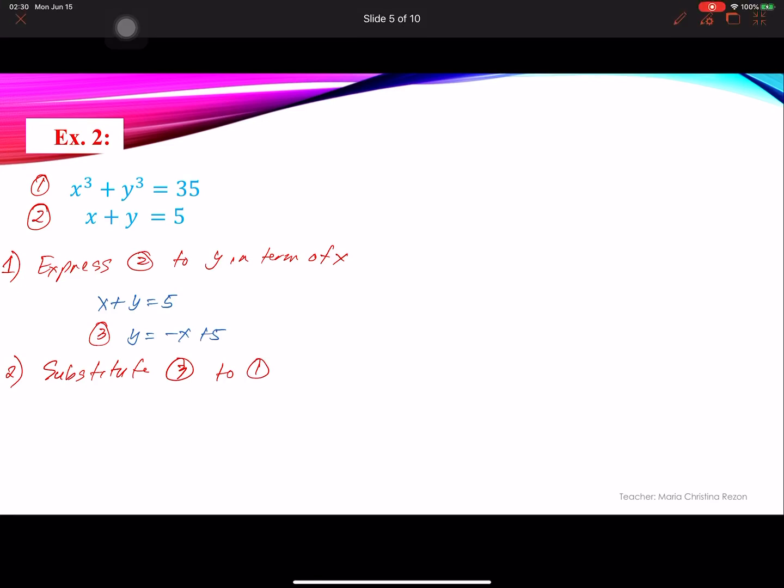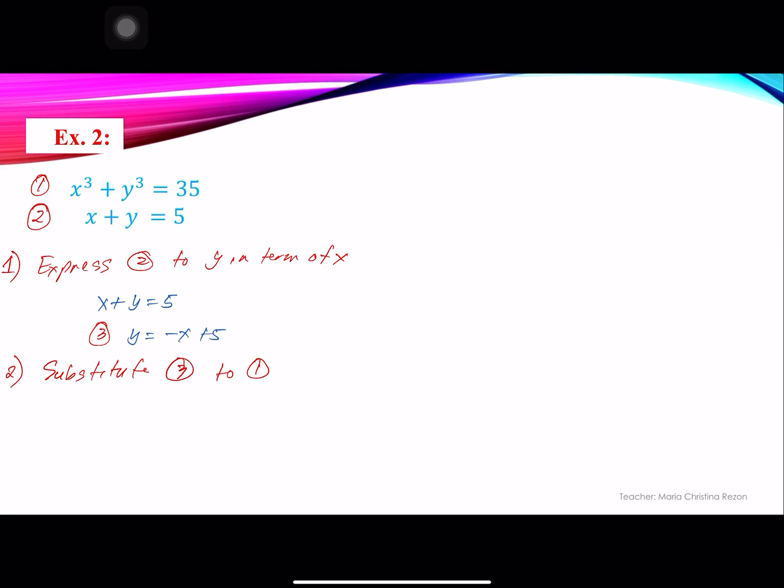And so you will have x cubed plus y cubed is 35. And substitute, so you'll have x cubed plus (negative x plus 5) cubed is equal to 35.